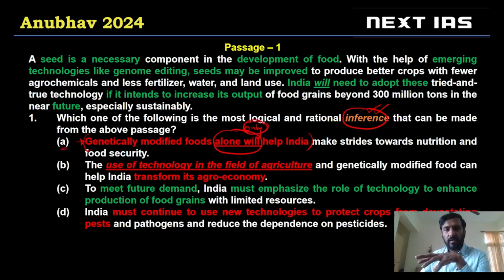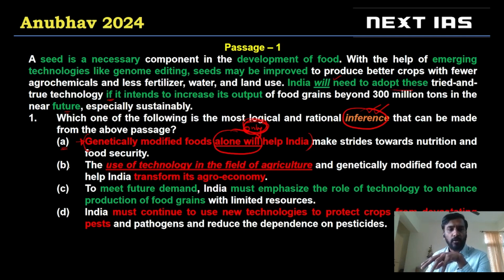We can't find any evidence for this. India will need to adopt these if it intends to increase its output. So India will need to adopt does not mean that genetically modified foods only will help India make strides. Maybe apart from these, we also need other technologies, other things as well.